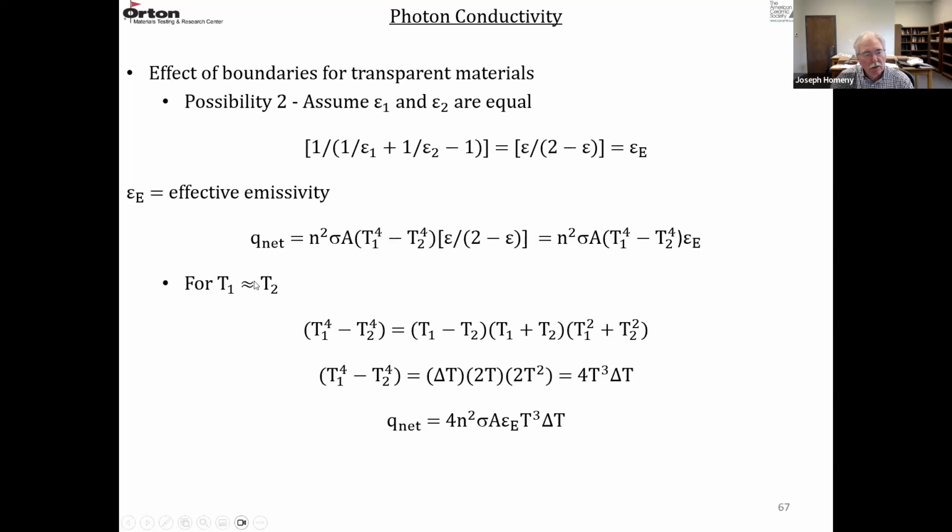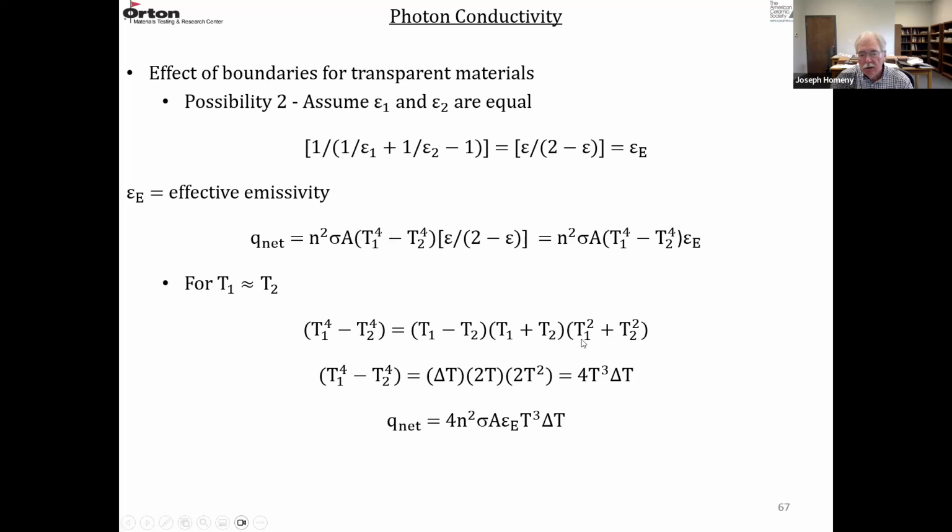And then if we say the temperatures are approximately equal, we can expand this term, T1 to the fourth power minus T2 to the fourth power, as follows: T1 minus T2, T1 plus T2, and then T1 squared plus T2 squared. So T1 minus T2 is just delta T. T1 plus T2 is just 2T.